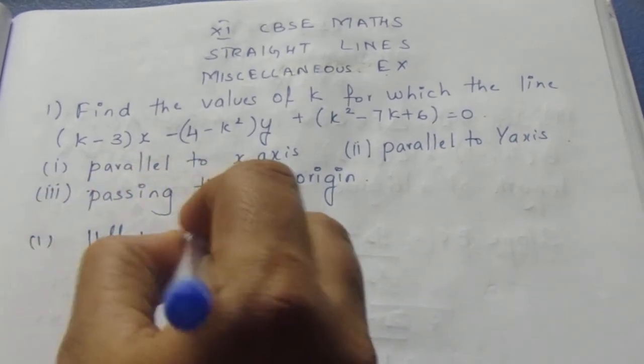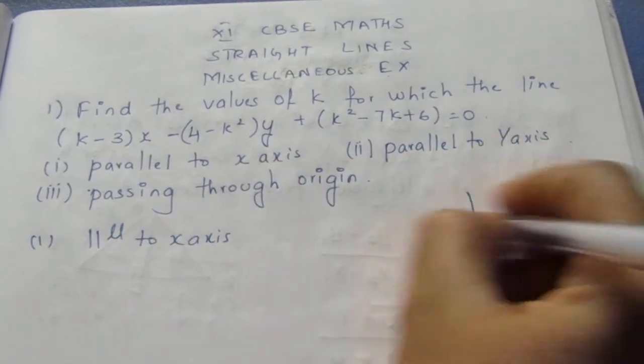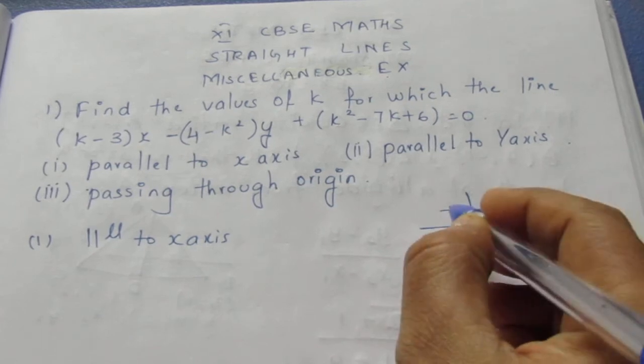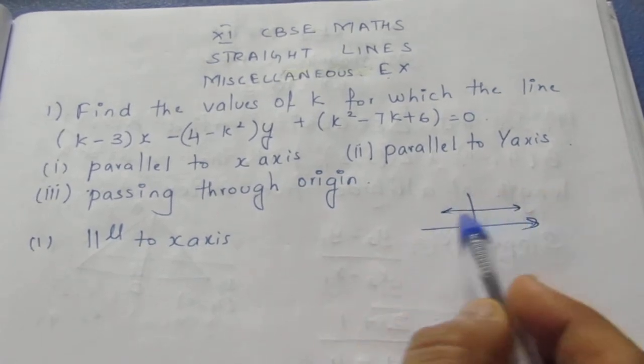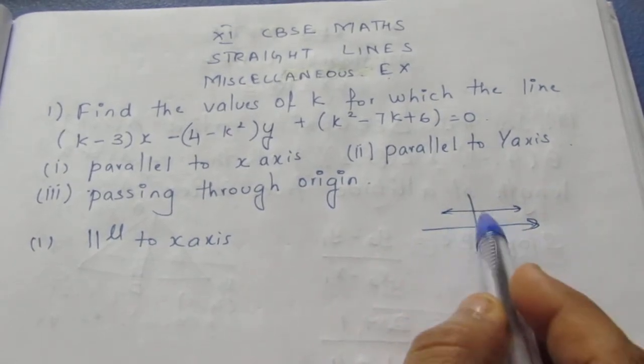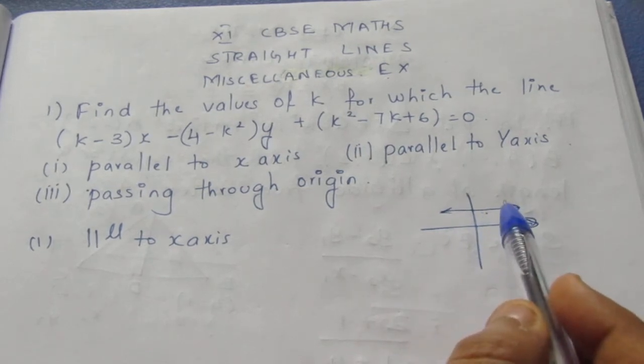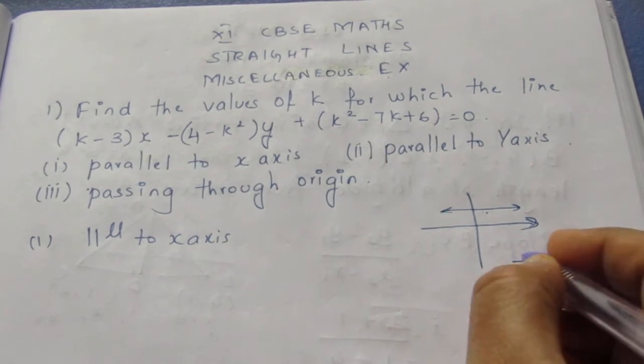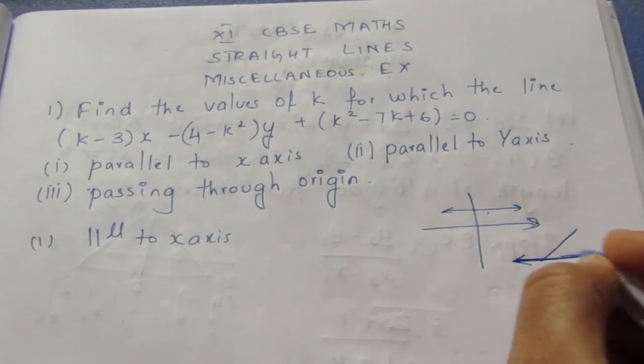For parallel to x-axis, if we take this line parallel to x-axis, remember that the slope will be equal to 0, because a slope is a slanting line according to the horizontal.